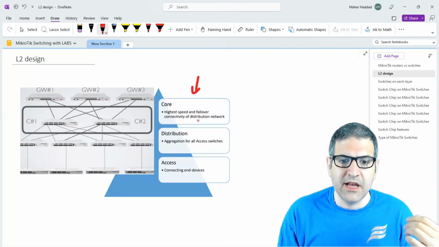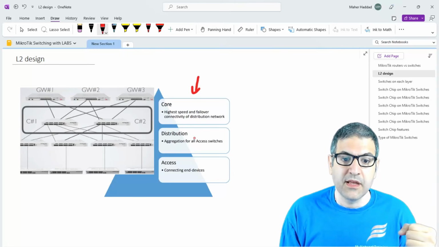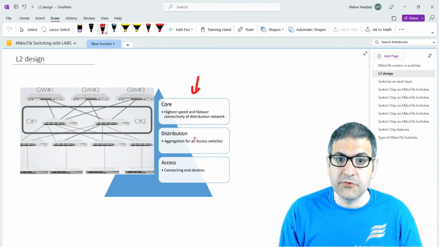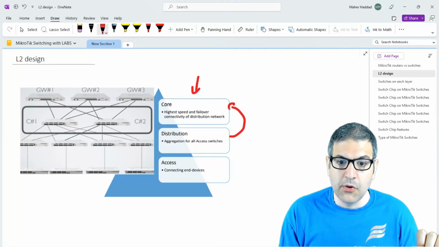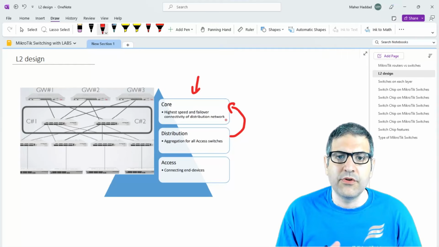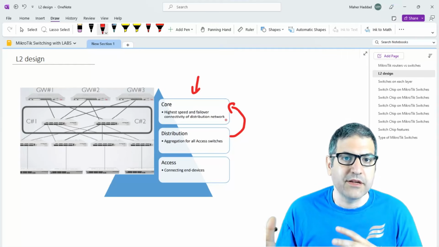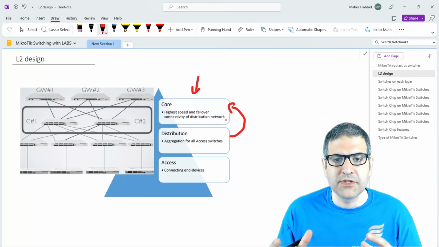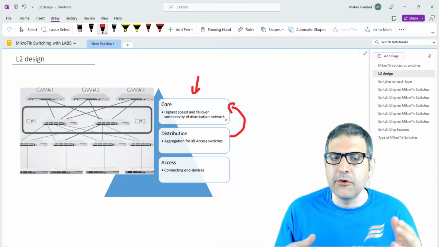Now, someone can say, but is it important that I only use the switches on the distribution layer for distribution? Can I not use the switch which is on distribution in the core? Well, yeah, that's possible, but it depends on how your network is, or how big your network is. So say small to medium-sized companies, it doesn't matter anymore where you put them.